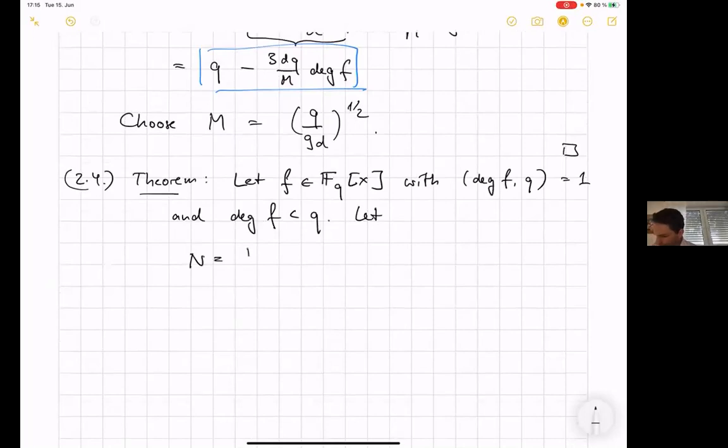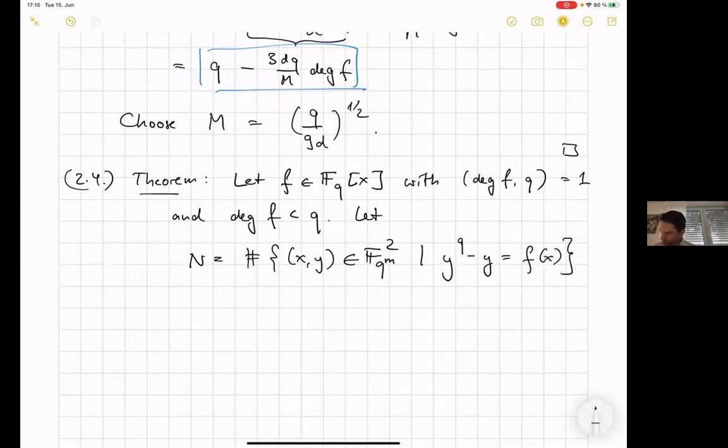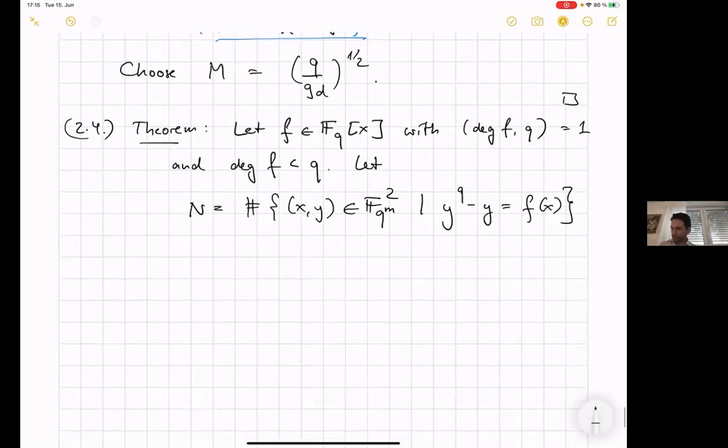So let N be the number of solutions (x, y) in F_q^m squared such that y to the q minus y equals f of x. You see here that somehow the trace is coming up, so this will be used for additive exponential sums.